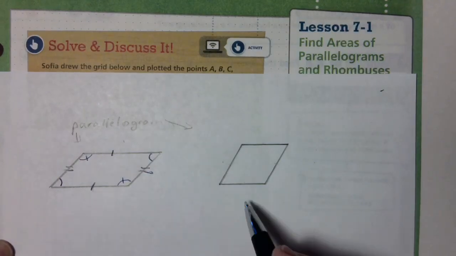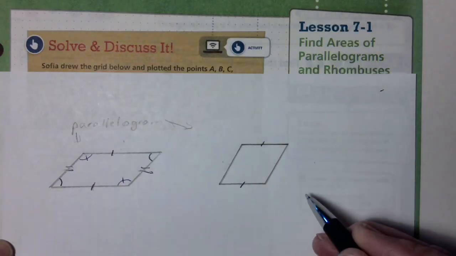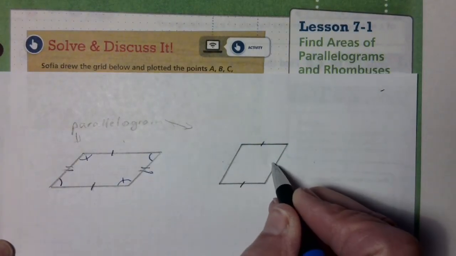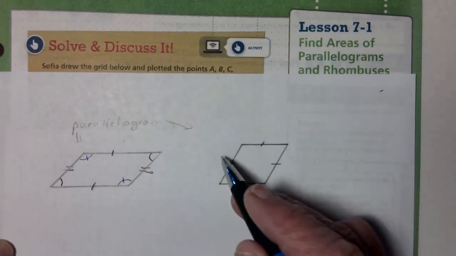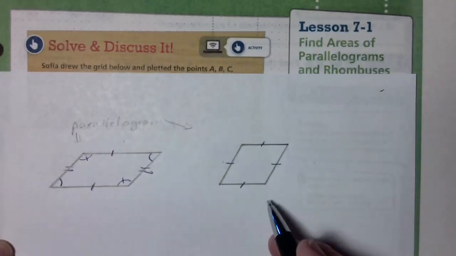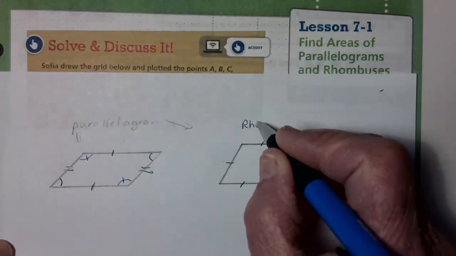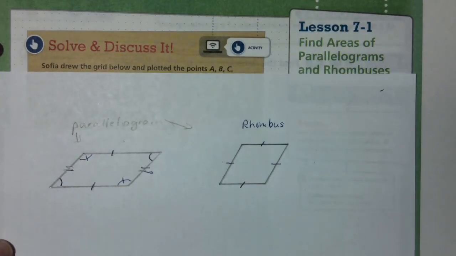Okay? Now if you look over here, well, this one looks like it's the same length as that one, and this one looks like, oh, it might be the same length as these. So there's the difference right there. All four sides of this one is the same length. This is a rhombus. And my favorite terminology for this is a squashed square.